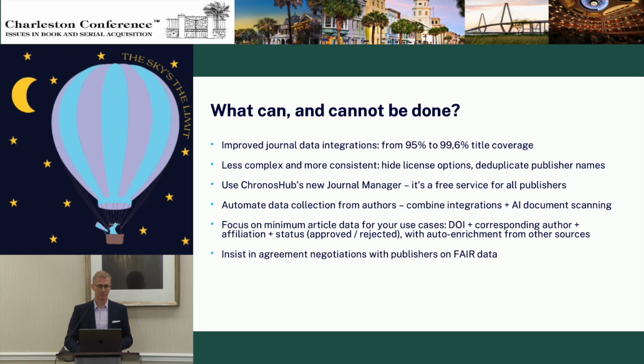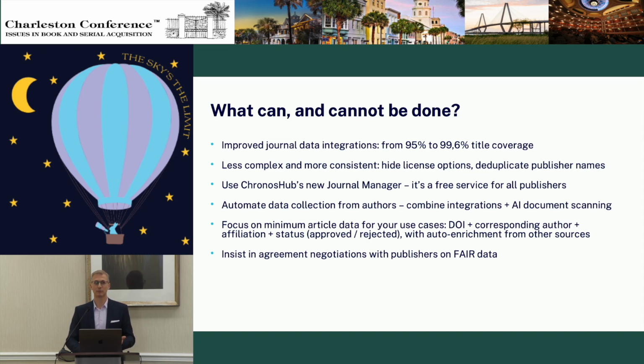So the last point here, and for this presentation, is really a recommendation that we want to bring forward to all institutions and consortia: when you negotiate these agreements with publishers, insist on a clause in those agreements that the publishers should provide you with the data that you need to automate these things.